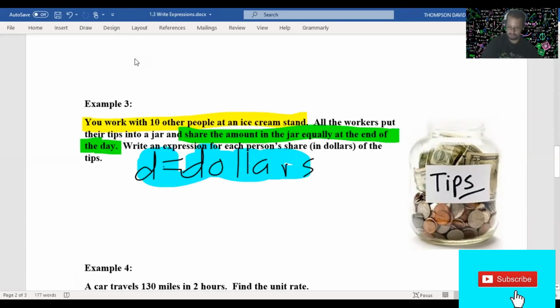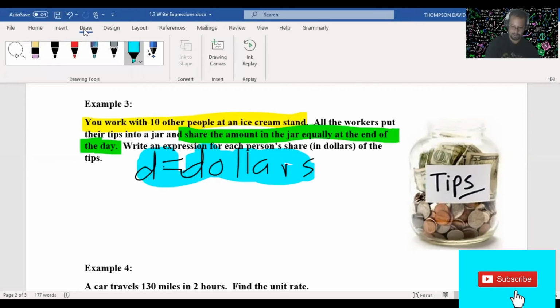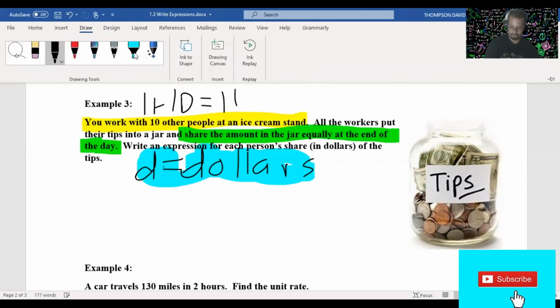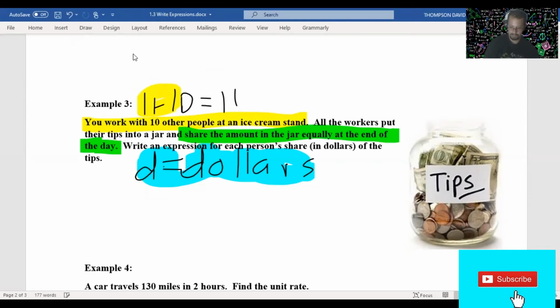So we're sharing equally. Let's first figure out how many people there are. There's you and 10 other people. So we're going to say 1 plus 10 to give me 11 people total. I'll highlight that in yellow to be consistent with how many people there are.